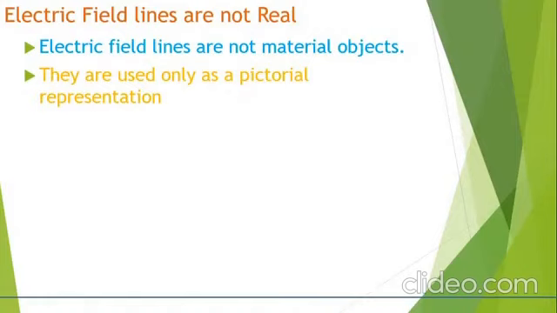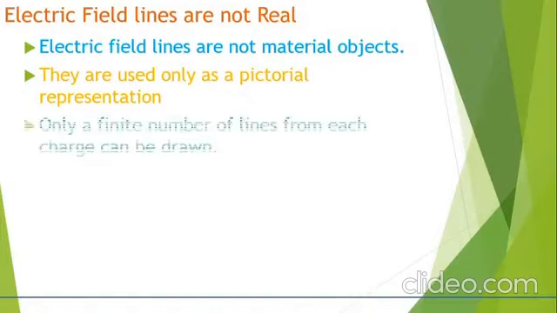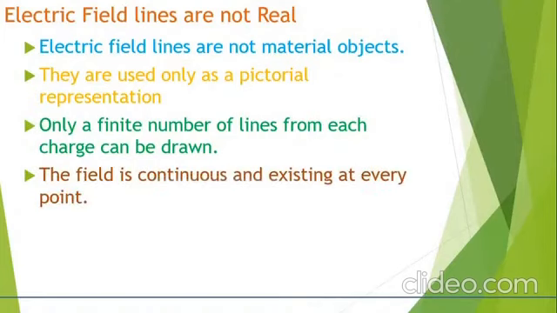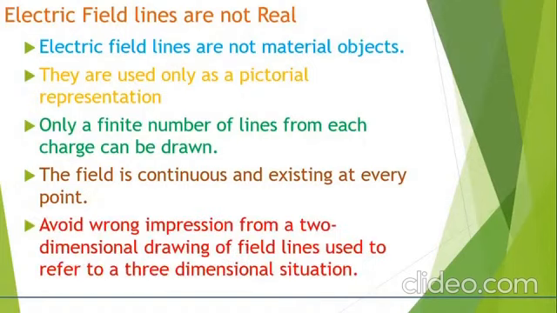Only a finite number of lines from each charge can be drawn, which makes it appear as if the field were quantized and exists only in certain parts of space. In fact, the field is continuous and exists at every point. Avoid obtaining the wrong impression from a two-dimensional drawing of electric field lines used to describe a three-dimensional situation.